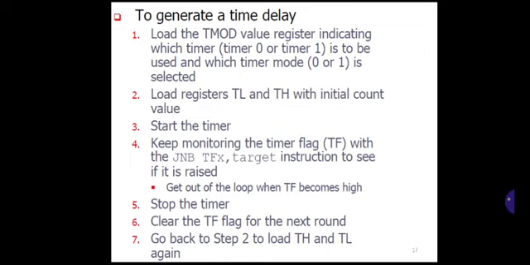There are two timers out of which you have to select. Remember here we are using mode 1. You can use either timer 0 or timer 1, but we are programming using mode 1. That's why mode 1 must be selected here.